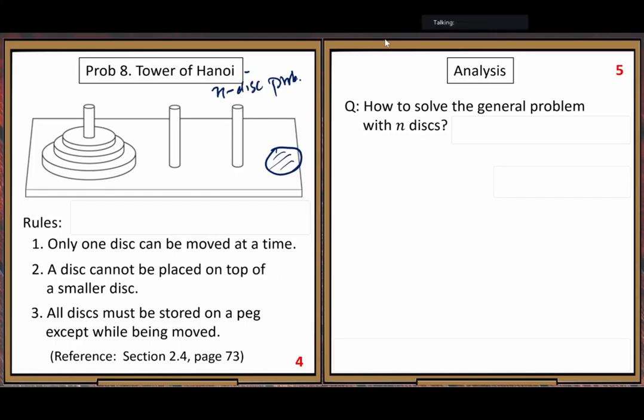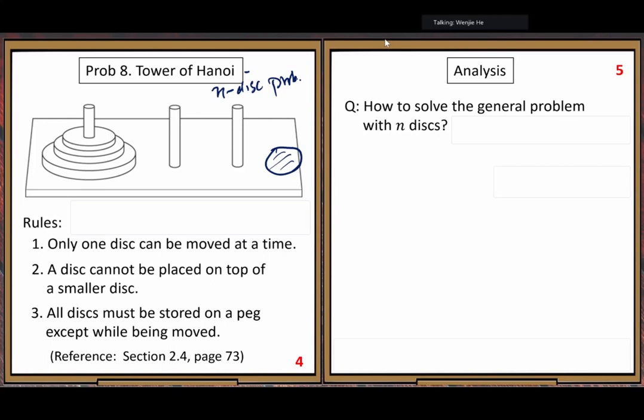Here, the number of disks is the data size. The data size is n. When the data size is large, then the problem is very hard.